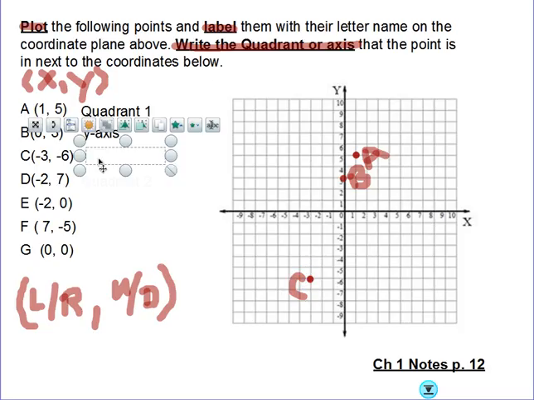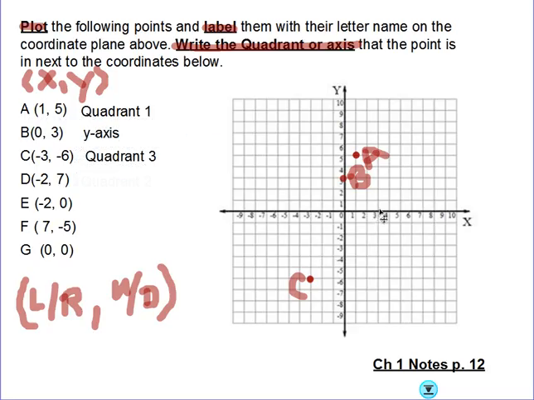Alright, so that's in quadrant 3. Okay, third quadrant. The quadrants are labeled in counterclockwise fashion because that is considered the positive direction in mathematics around the clock. So 1, 2, 3, 4. The other direction is actually a negative direction, and you'll talk about that more when you do trigonometry.